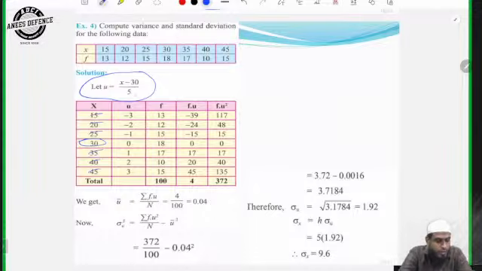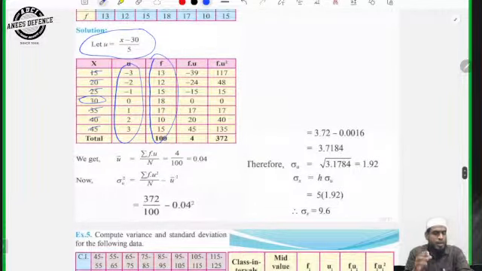So if you put each value here, 15 minus 30 by 5, so minus 15 by 5, which is minus 3. Based on that calculation, you will be getting all the values of u. Fi is also there. Then fi ui, fi ui square. Here we are having too many observations u1, u2, u3 like that.